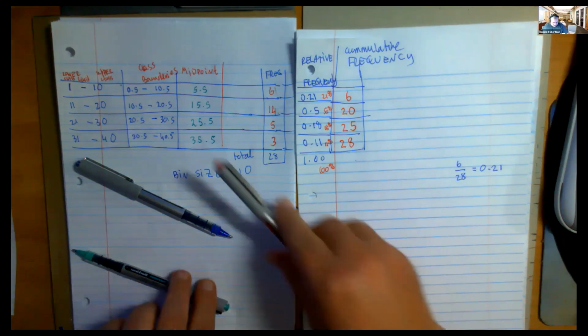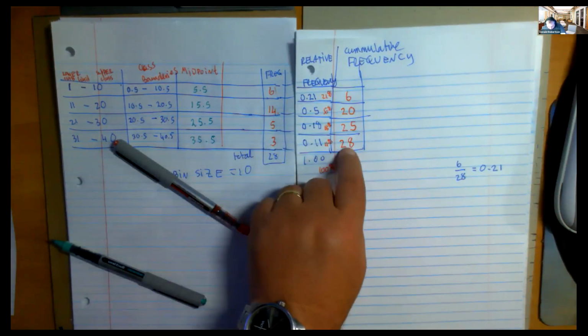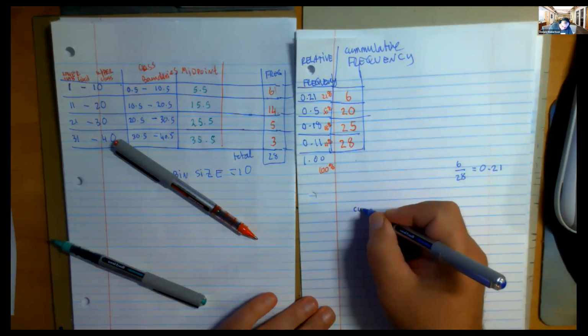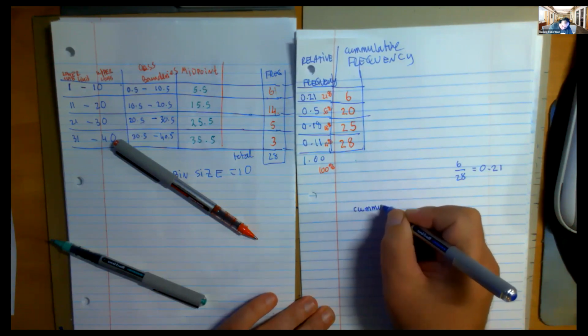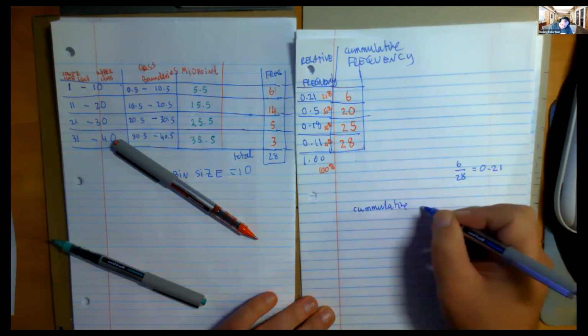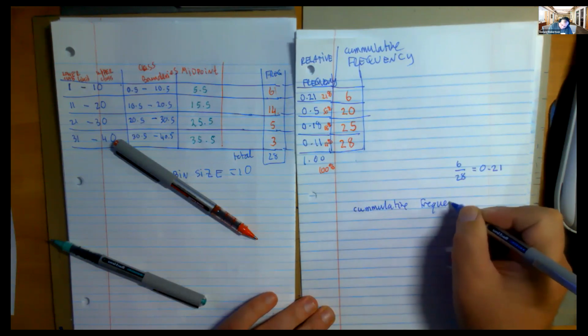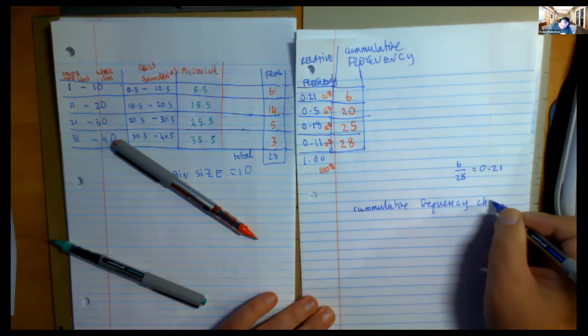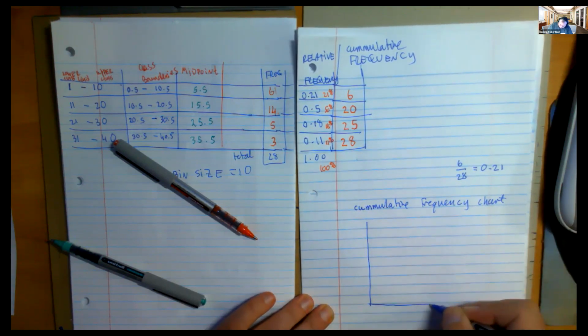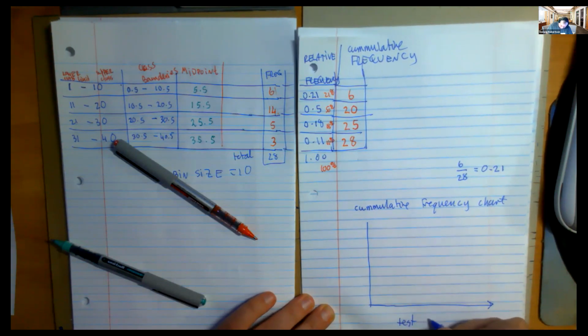Right. Yes. Now, when you do a cumulative frequency, you can create a diagram of that. It's got a rather long-winded name. It's called, well, depends on the textbook, a cumulative frequency chart. And let's show you how it works. Along the bottom, you put the test score.